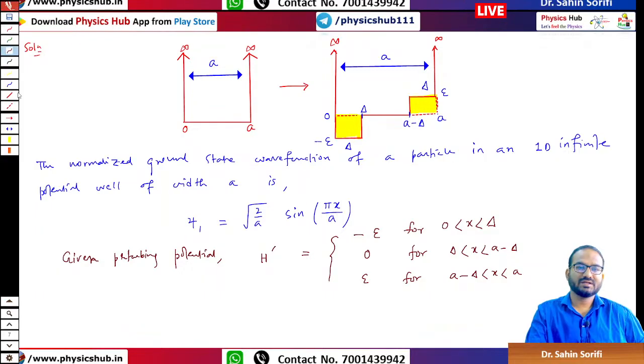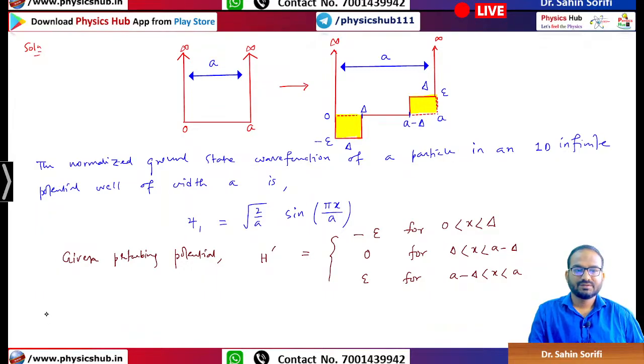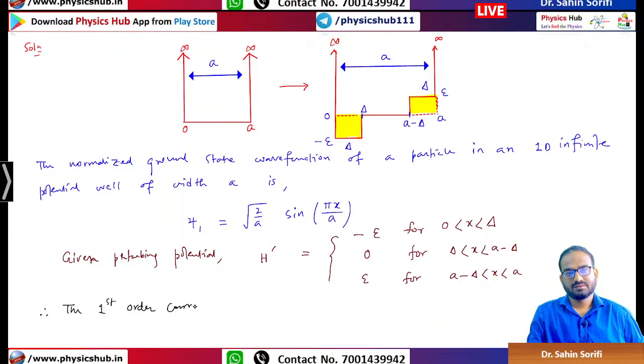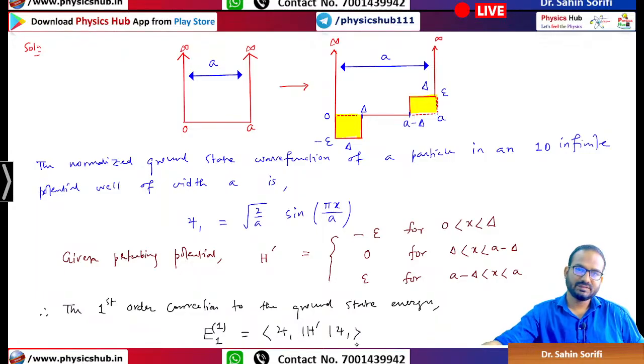So what is the first order correction to the ground state energy? The formula is integral of psi 1 star H prime psi 1.